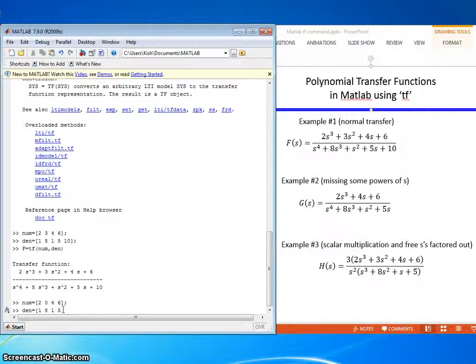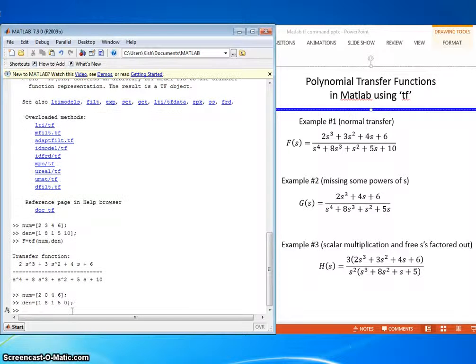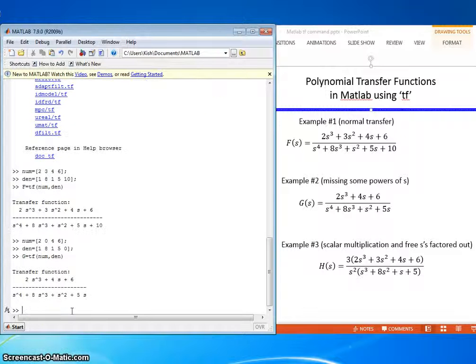And again, we don't have anything times s to the 0, so we have to put that 0. Now we can build our function g using the TF command, num, comma, den. And there it is. Again, we can check it. 2s cubed plus 4s plus 6, that checks. S to the fourth plus 3s cubed plus s squared plus 5s, and that checks.